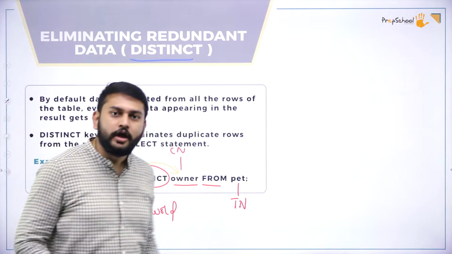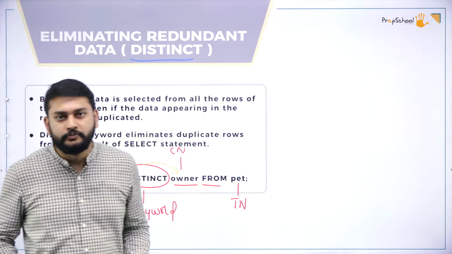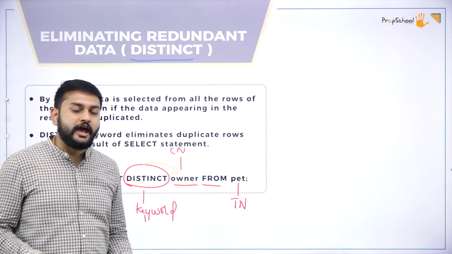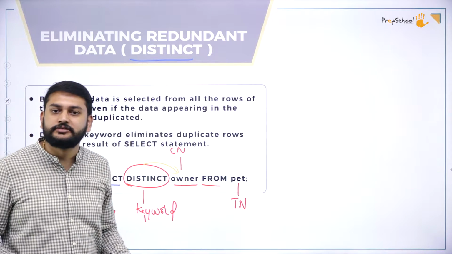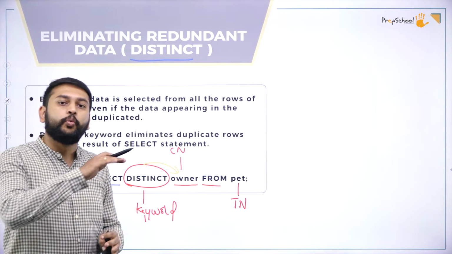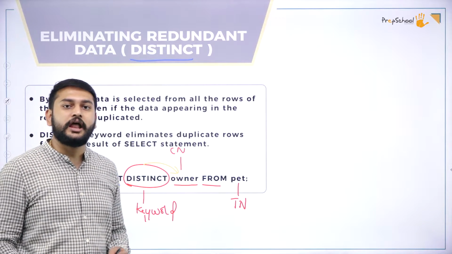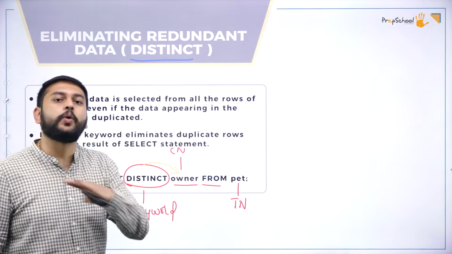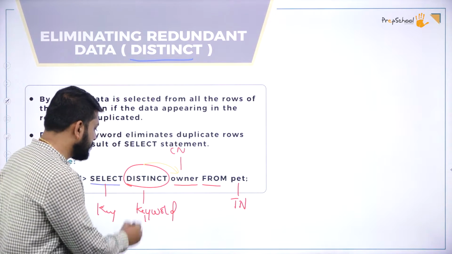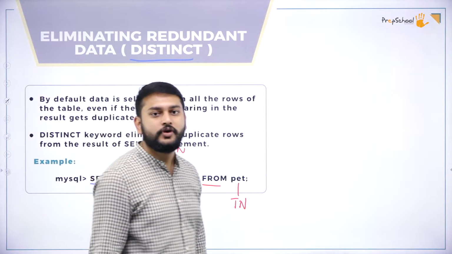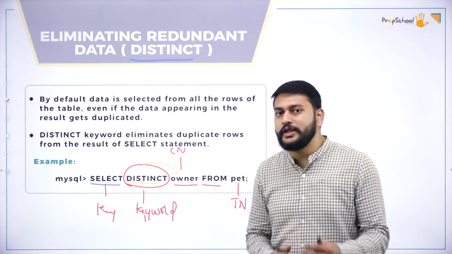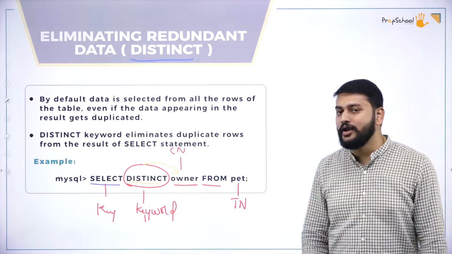So I have dog, I have cat, I have so many pets. Different breeds of dogs I have. So my name is repeated thrice, but I don't want to see the name which is repeated. I just want my name to be present only one time. So for that reason, I am using the keyword that is distinct. That is what you have to understand. To avoid the duplicate values, I am using a keyword called distinct.